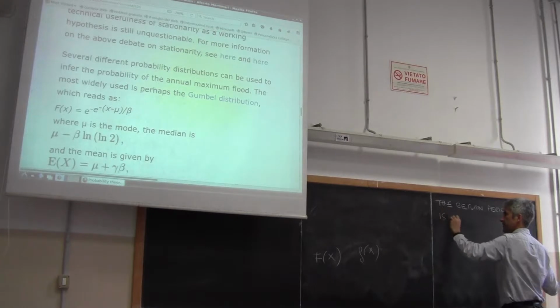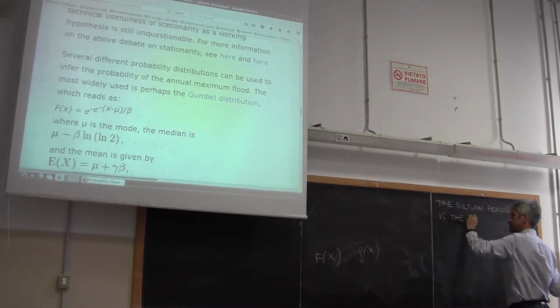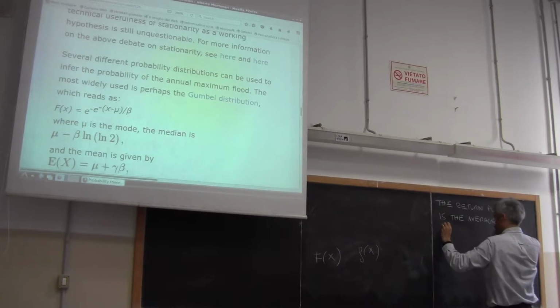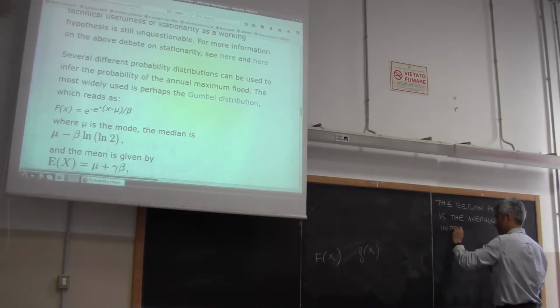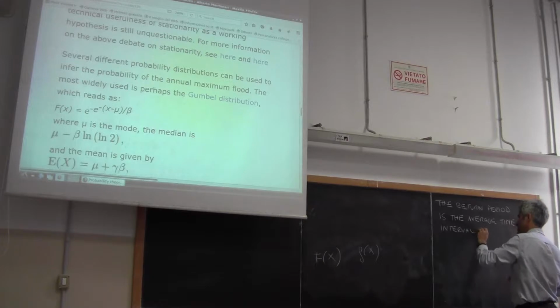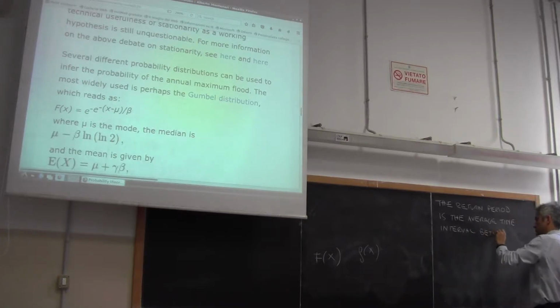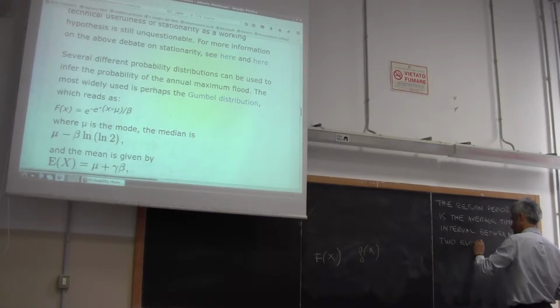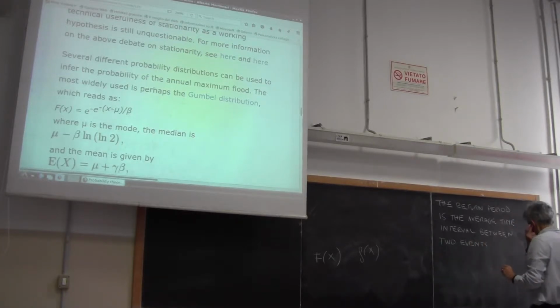is the average time interval between two events reaching or exceeding a given threshold.